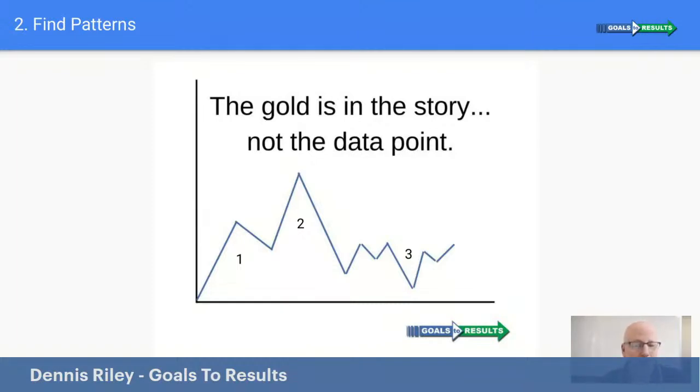Because if you find out why these patterns exist, you will be able to figure out the story, and therefore you'll be able to make much better decisions on your strategies, much better decisions on your systems in your business. And by making better decisions, by having better systems in place, you will save time. And all that happens because you found out the story in your data.